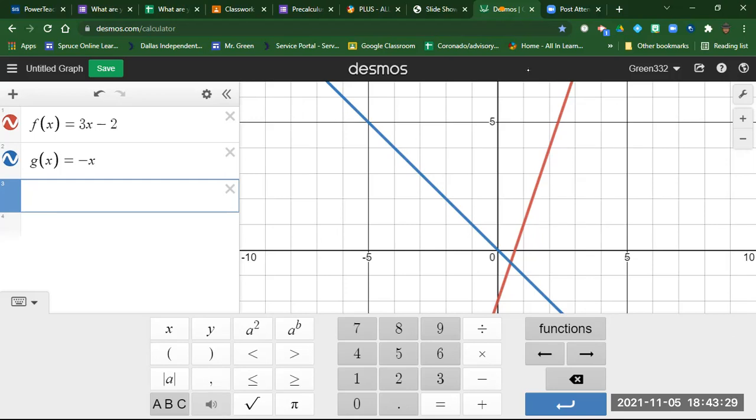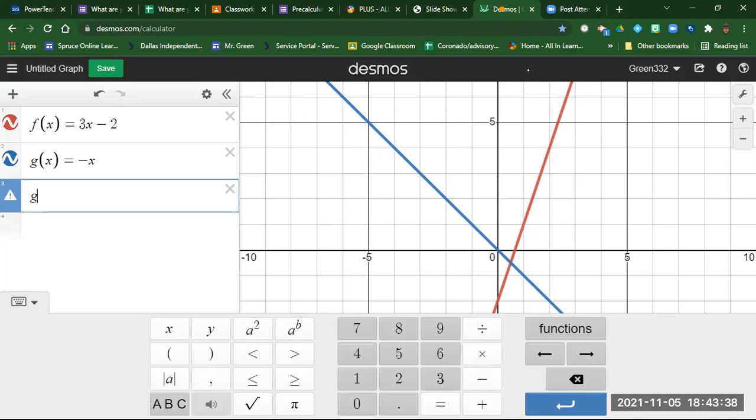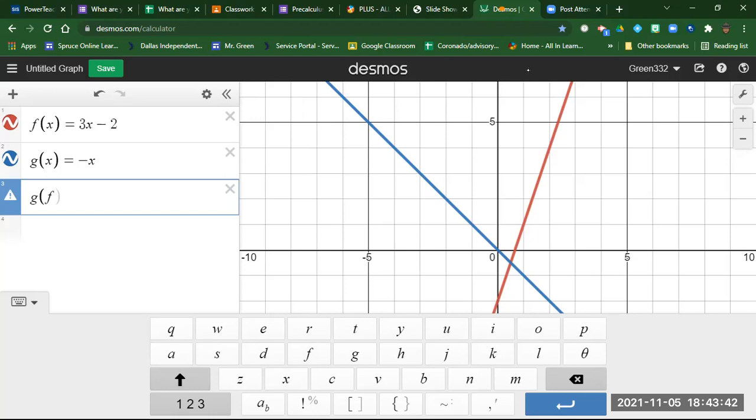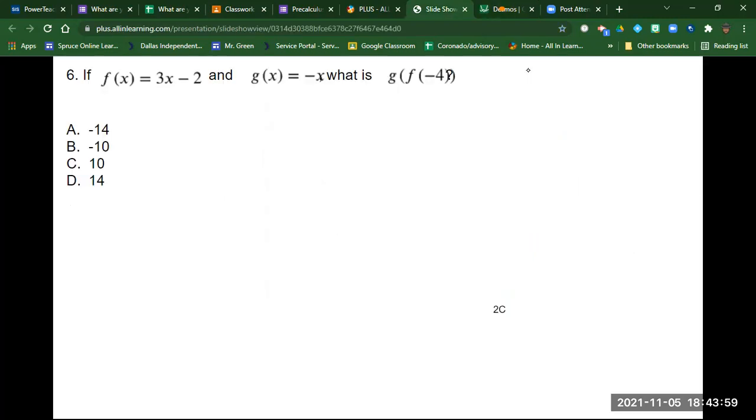What is g of f of negative 4? g of f of negative 4. And you can already see the answer, 14. Yeah, so there's both ways there.